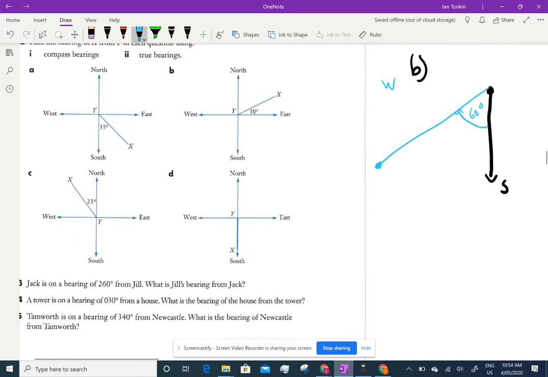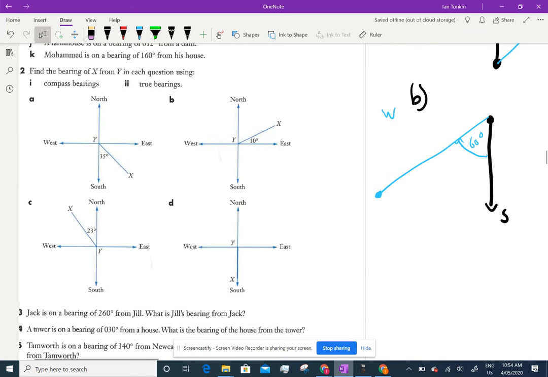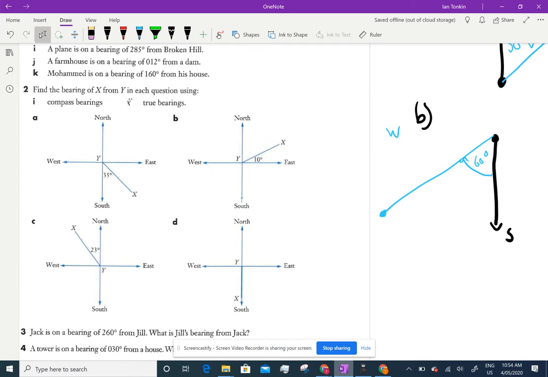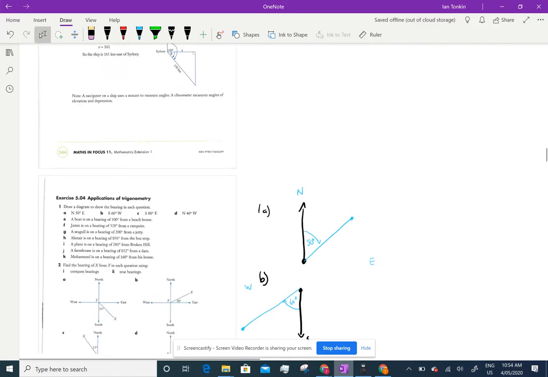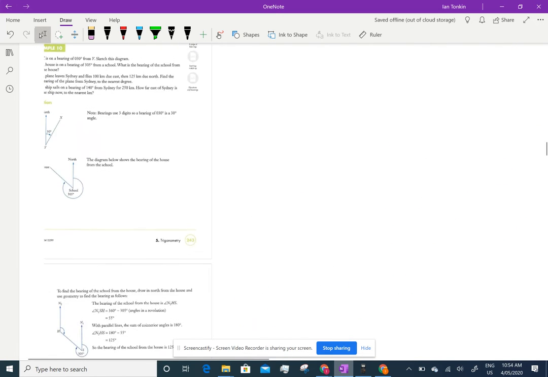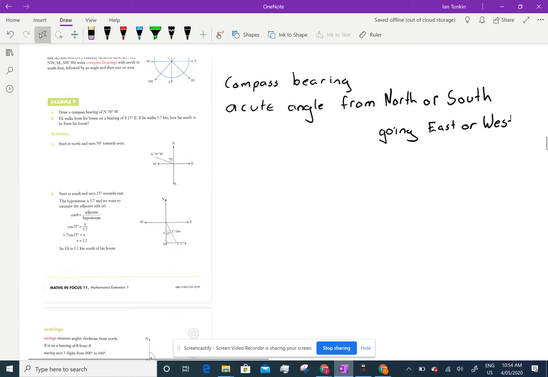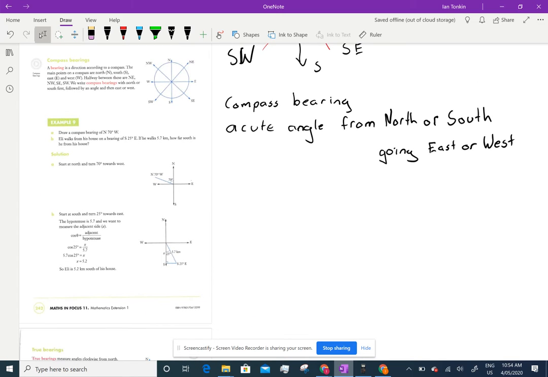Let's have a look at how they can ask us a question with compass bearing. Here they ask us to find the bearing of one thing from the other, and I'm going to talk about this here. Whenever you're asked to find the bearing of X from Y, so back up here in your notes, because we are going to talk about true bearings.